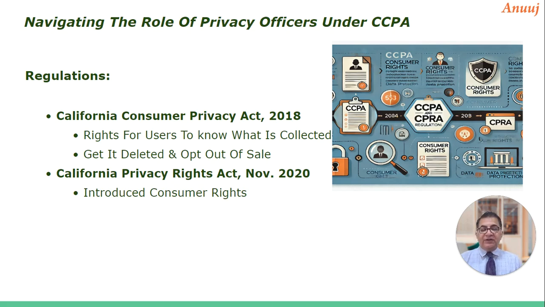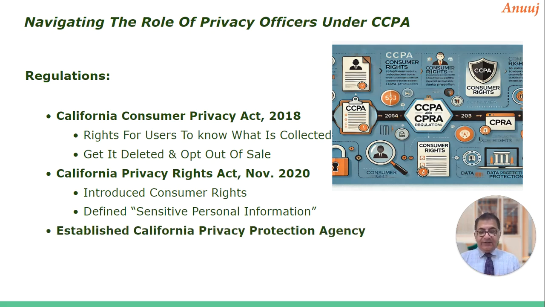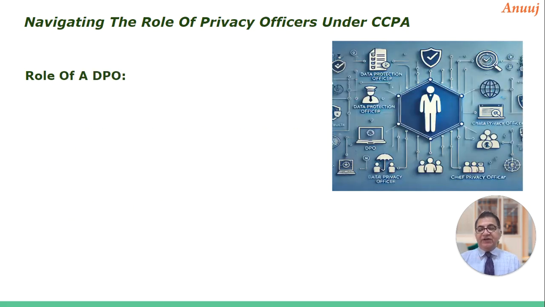This was introduced more as consumer rights and helped define sensitive personal information, which was the more crucial and very personalized information like your health records, your banking and financial transactions, and your biometrics, etc. And then the regulatory authority in California is CPPA, the California Privacy Protection Agency. So all the organizations are required to report to the California Privacy Protection Agency. That's the basic history of the regulations in California.